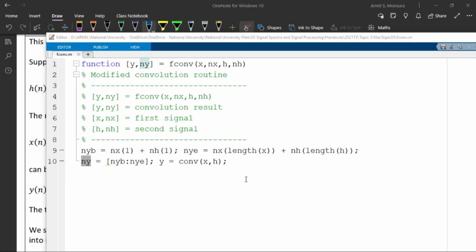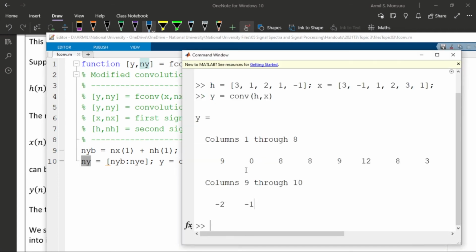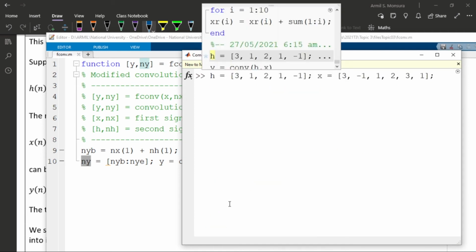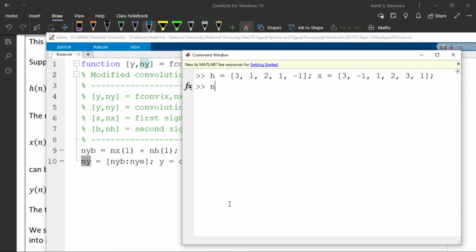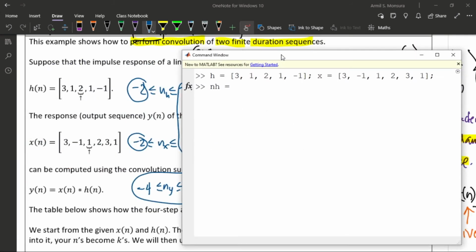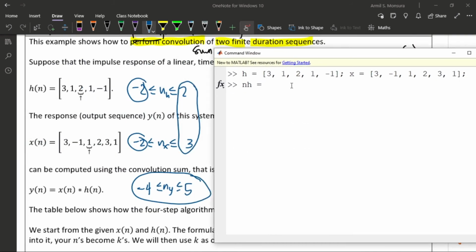So gawin natin ngayon is, in addition to defining yung h natin at saka yung x natin, let's also define nh to be, again, this is from negative 2 hanggang 2, while ang nx natin is from negative 2 to positive 3. Okay? And then let's compute y.